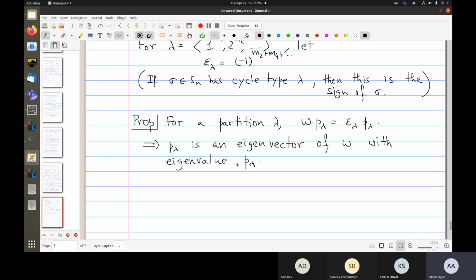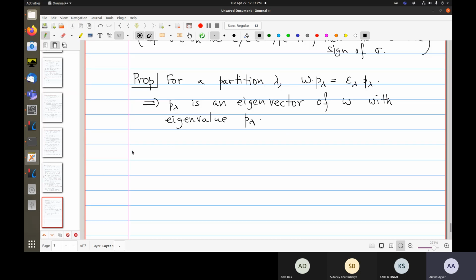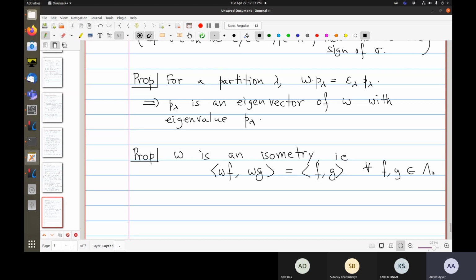The one other property of omega as it relates to the inner product is this nice property that omega is an isometry, i.e. the inner product of omega f and omega g is the inner product of f and g for all f, g.